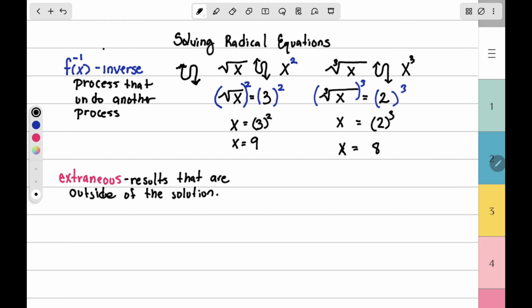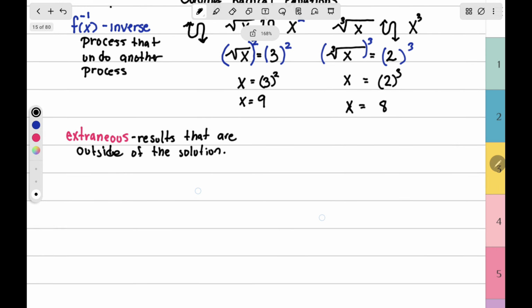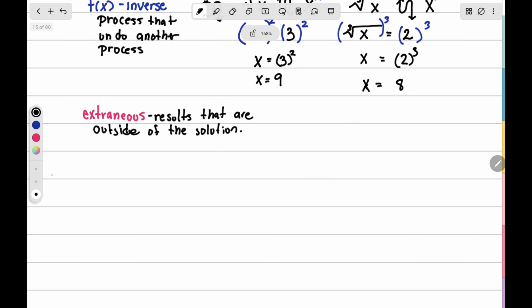All right. So let's go ahead and get started. Now, step one. Step one is going to be to isolate the radical.